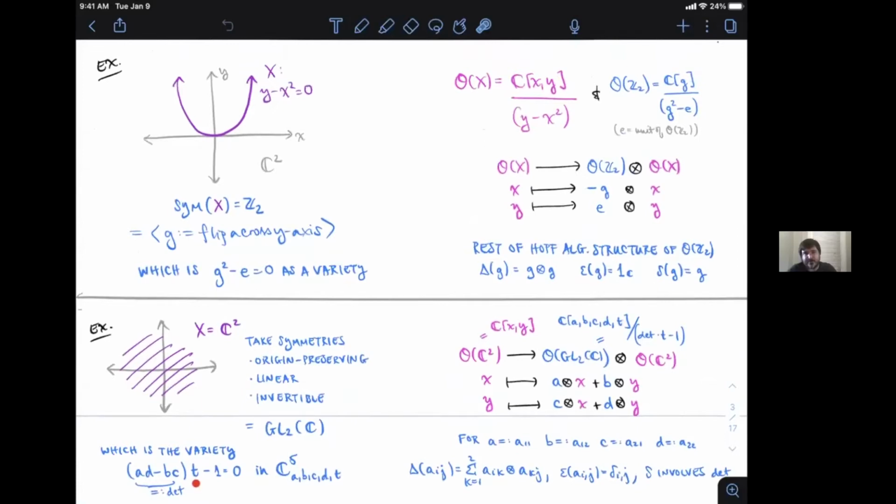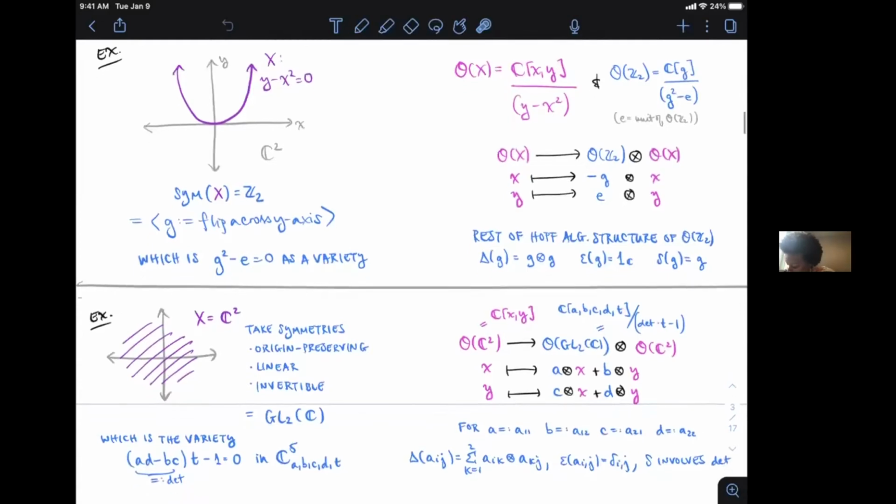Here it's just there to force the determinant to be invertible, but sometimes a dummy variable is used for deformations, to formally come up with a whole family of deformations, and then you specialize at t equal to some scalar in order to get one algebra. So that's a difference. Thanks. Yep. Any other questions?